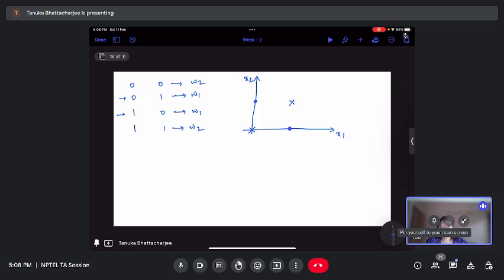So, no way you can draw a straight line to separate the two classes. So, these two classes are not linearly separable. So, your perceptron algorithm will never converge for these two classes. So, it is not suitable for a perceptron algorithm. I hope the idea is clear. You just need to check whether the two classes are linearly separable or not to decide whether you should go for a perceptron based classifier or not.